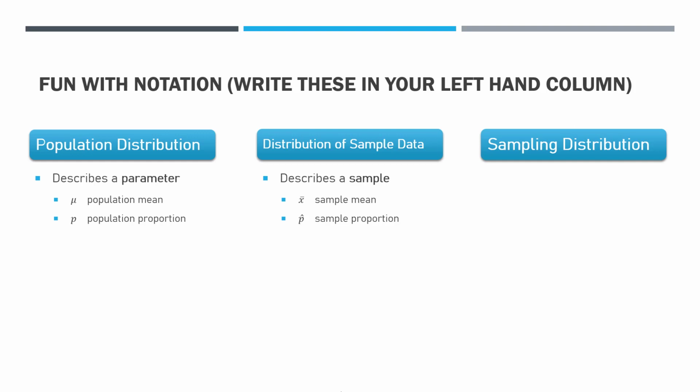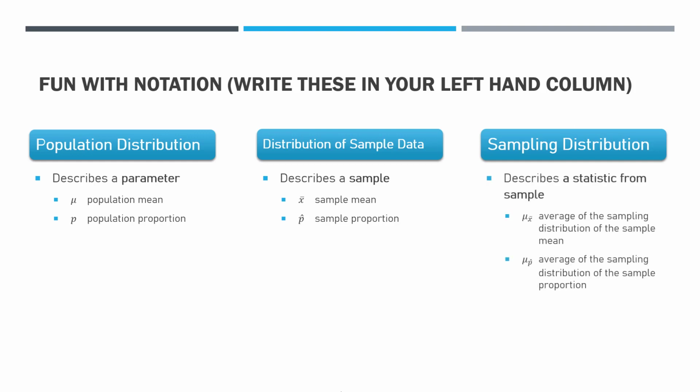Now, there's a lot more notation that goes into this, but what we want to first remember is that a sampling distribution is going to describe a statistic from a sample, and we are going to focus right now on just the center. The average of the sampling distribution of the sample mean is mu sub x bar, and the average of the sampling distribution of the sample proportion is going to be mu sub p hat, and we will get more practice with writing out this notation and applying it.